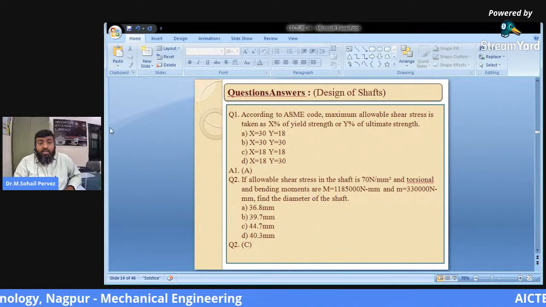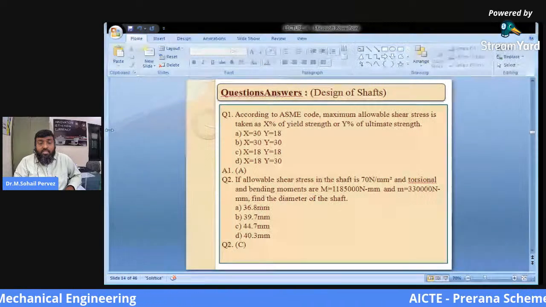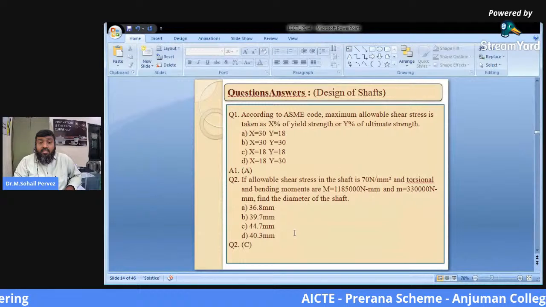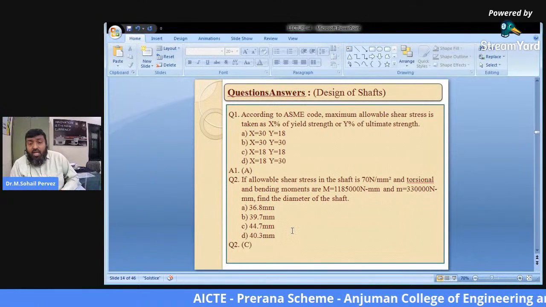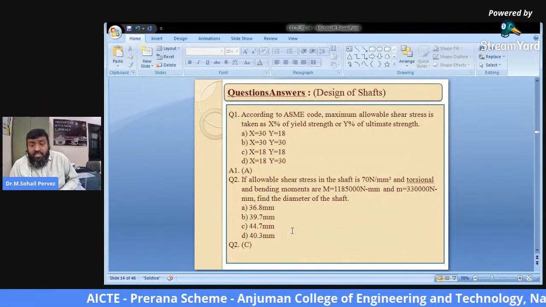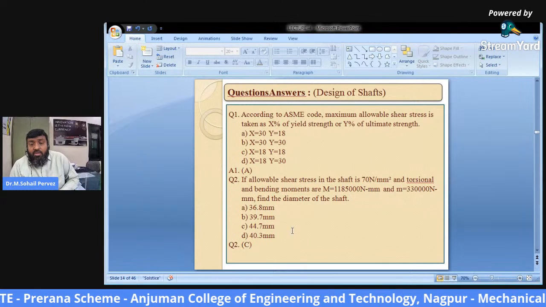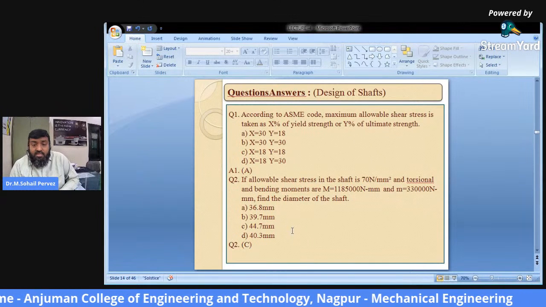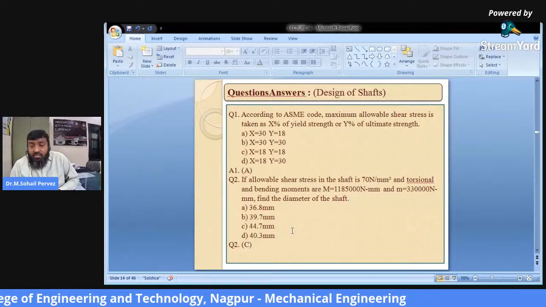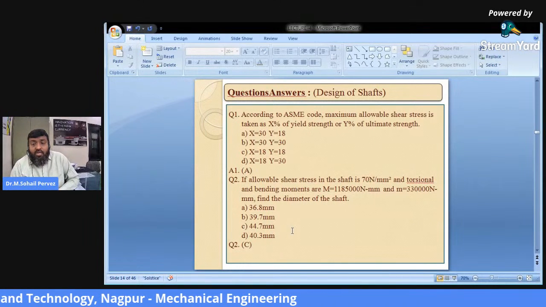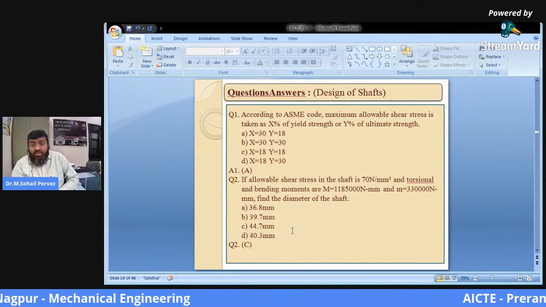The next, again a very important aspect: if allowable shear stress in the shaft is 70 Newton per mm square and torsional and bending moments are given, find the diameter of shaft. I don't think this is a very difficult task.